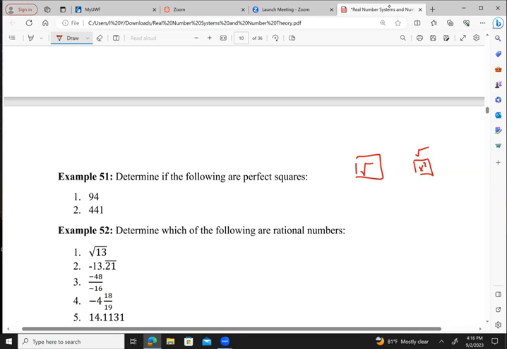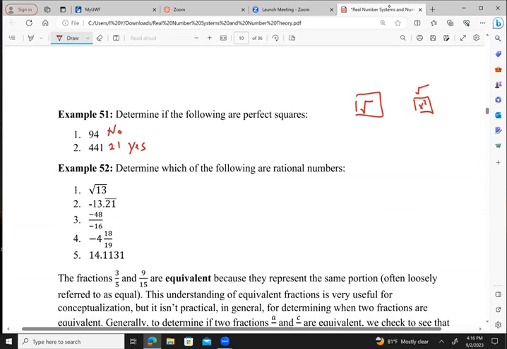So we'd simply go square root of 94 is 9.69, on and on. So no, this is not a rational number. Whereas the square root of 441 comes out to an even 21. So yes, this is.